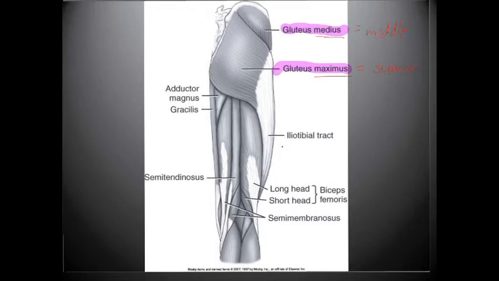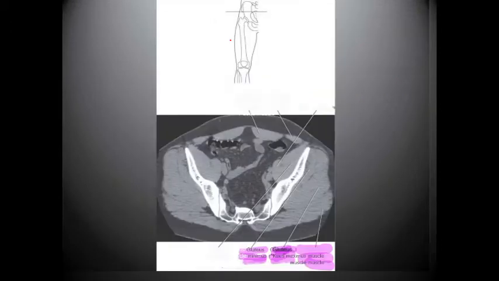And so minimus means inferior. So if we tie all of these things together, we can see that maximus is superior to the medius in this respect. We don't see the minimus here, but we can tell based on the name that it is actually inferior to the gluteus medius.